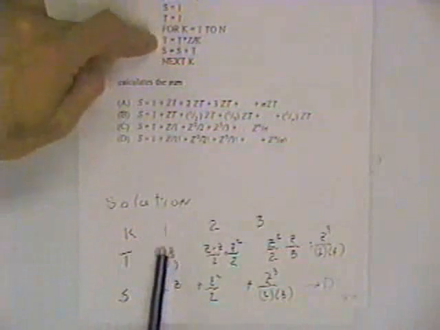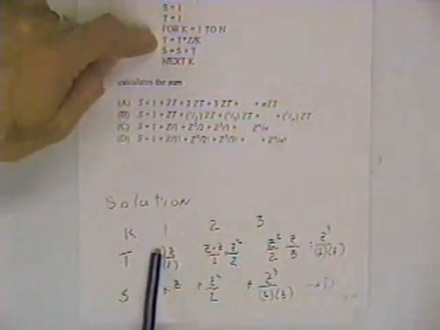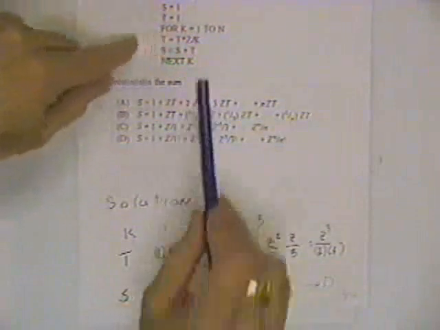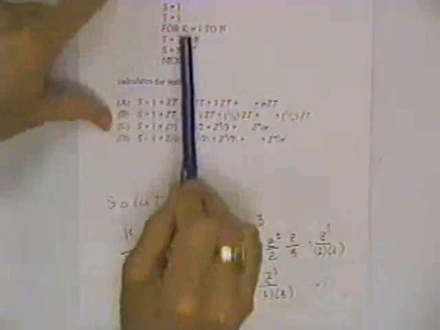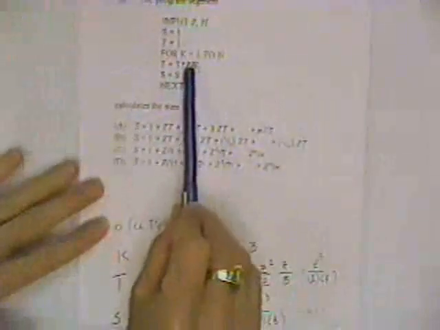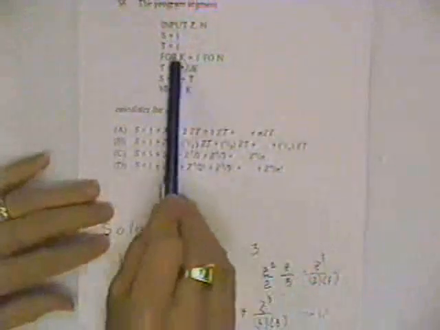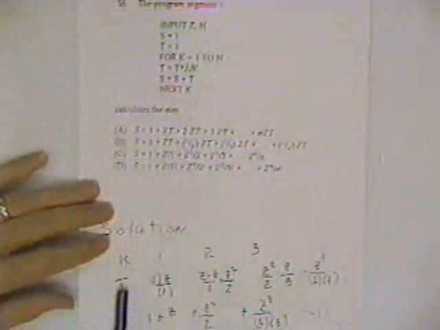If it comes down then, the computer will then calculate t. It'll calculate t by evaluating what's on the right-hand side of the expression, and that is the value of t, which begins at 1, times z, which is a variable that we don't know the value of, divided by k, and at that point k is equal to 1.